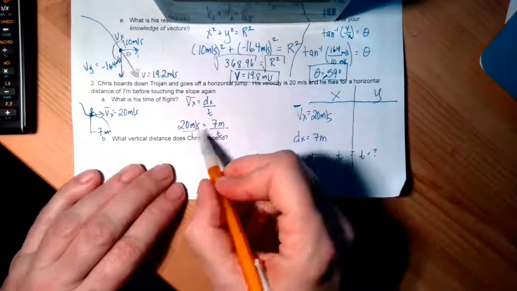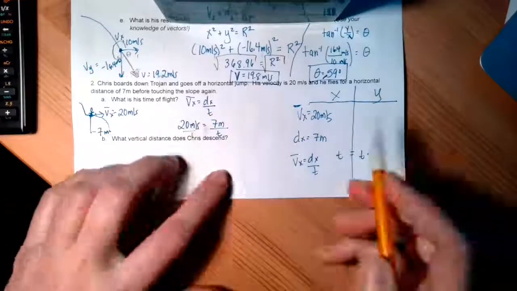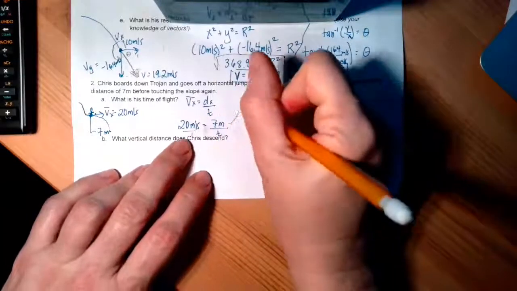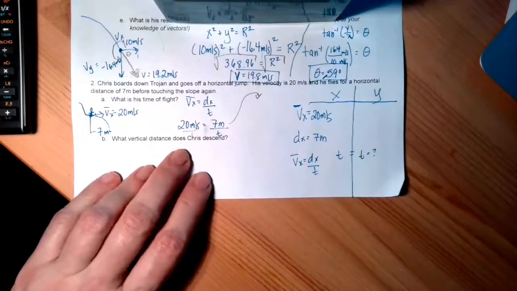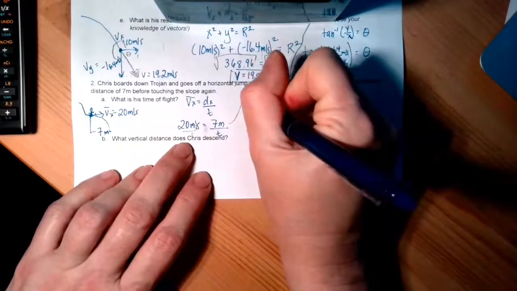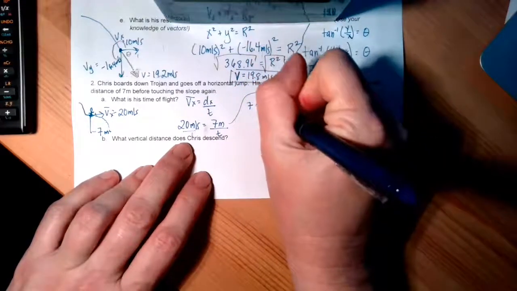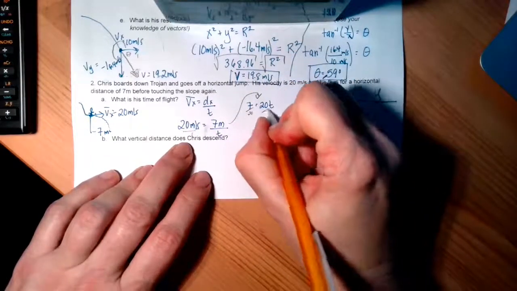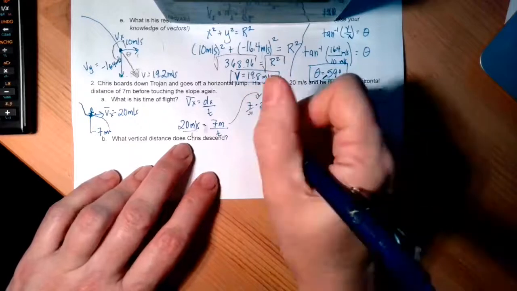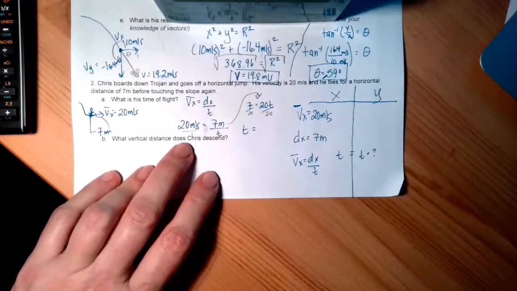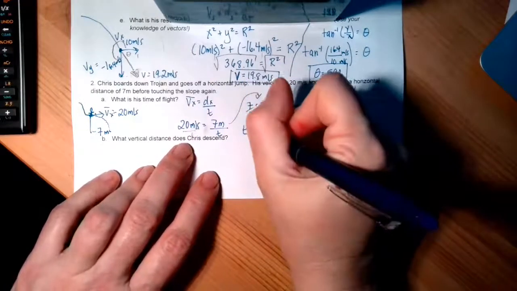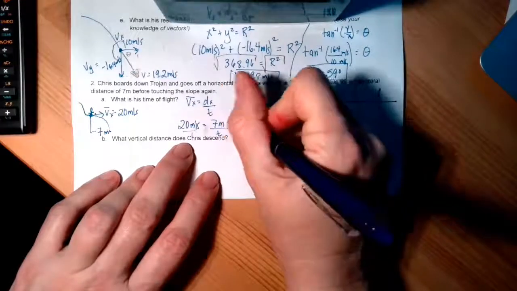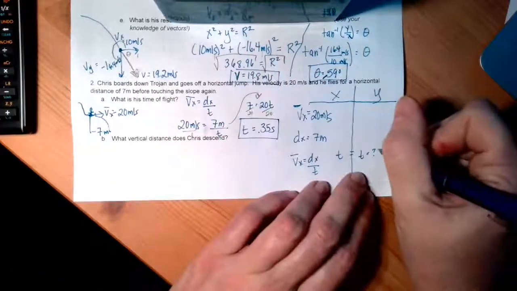So if you cross multiply, that's what I mean by this little sign. I'm going to go 1 times 7, dropping units, equals 20t. Divide both sides by 20. And I get that t equals 7 over 20, which is 0.35 seconds. And that's now true for both sides.